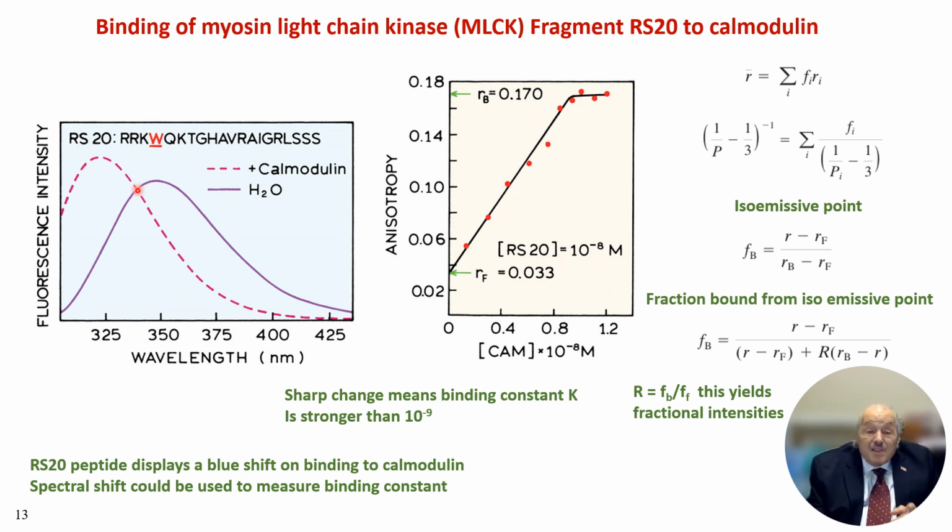If you're measuring the anisotropy at any other point along this wavelength scale, the two species don't have equal contributions to the total intensity, so you have to correct for that, which is this more complex equation down here, which corrects for the difference in intensity of the free MLCK and the bound MLCK.